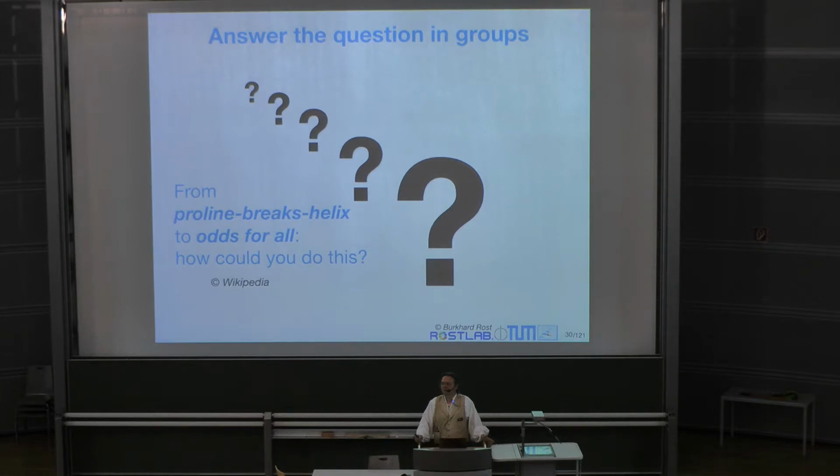You have 20 amino acids. You have a database of, for every single amino acid, you know the secondary structure in which it's observed. Sometimes the same residue is observed in two different secondary structures. But what can you compute?